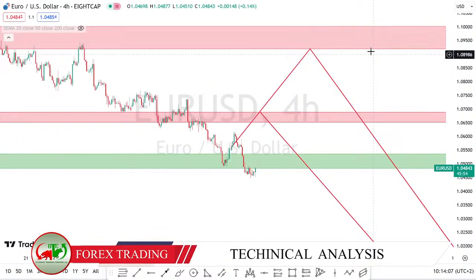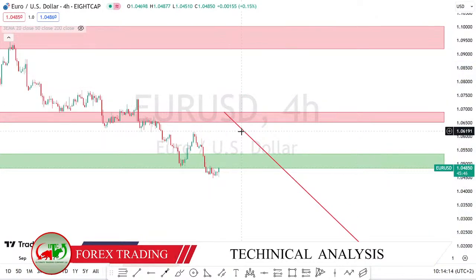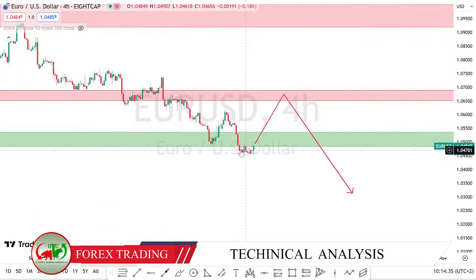So we do expect the dollar to make this pullback at the resistance, and then we look for sell opportunities. If it breaks above here, of course this is the second resistance where we will be looking for sell opportunities. So there is no sell opportunity in EUR/USD today, even though it is bearish.